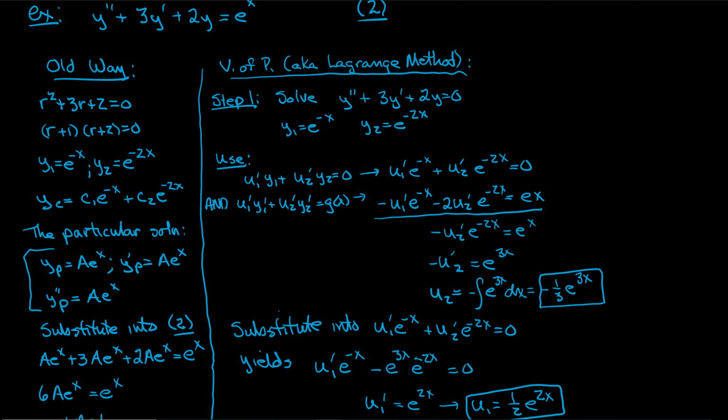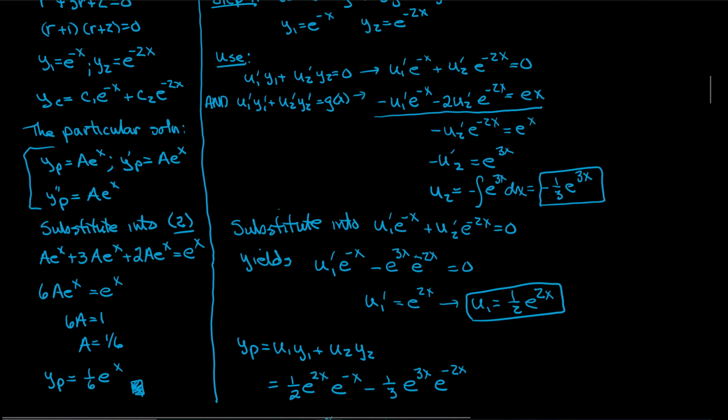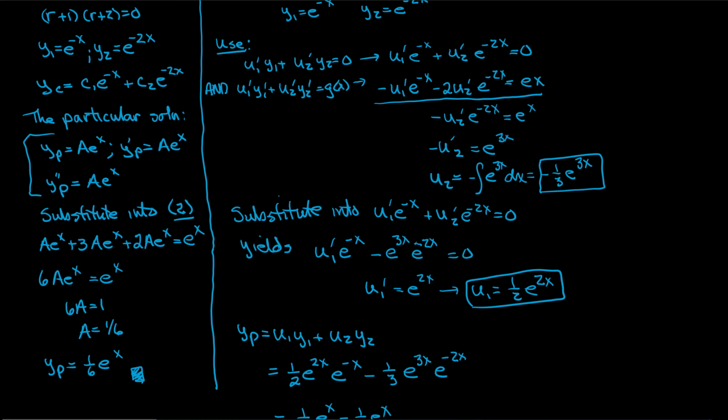We're going to substitute these now into the equation at the top of the screen for y double prime, y prime, and y. On the y double prime, we're going to have our a e to the x. Then we have plus 3 times y prime. Well, that's a e to the x, plus 2 times y.